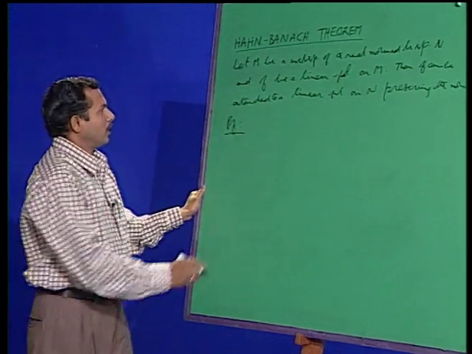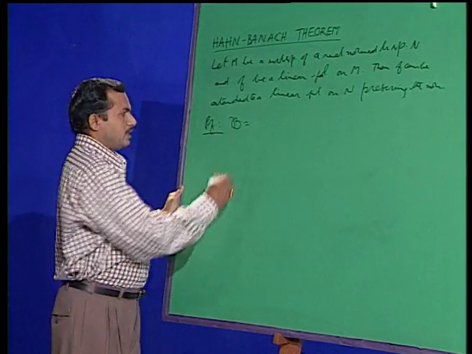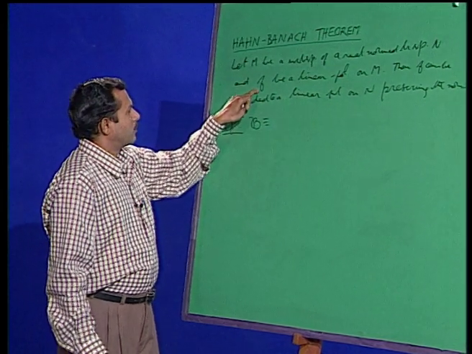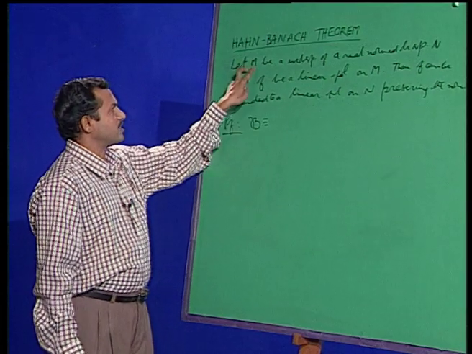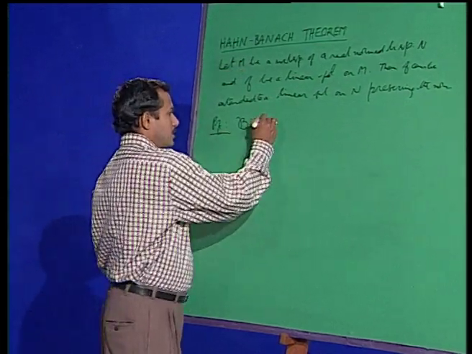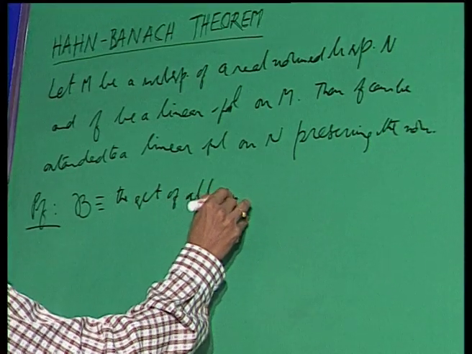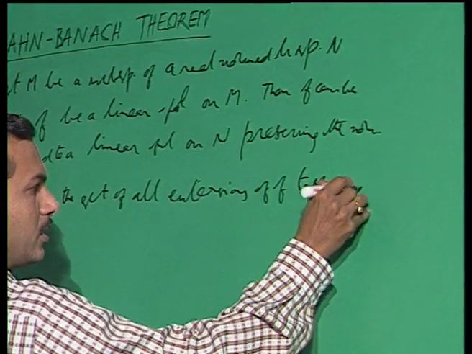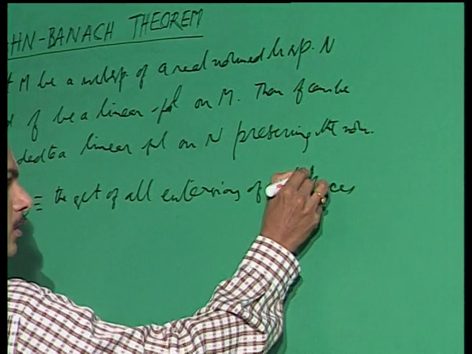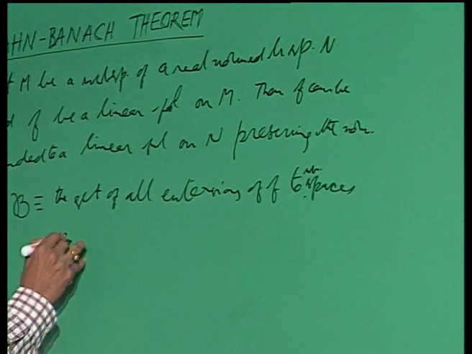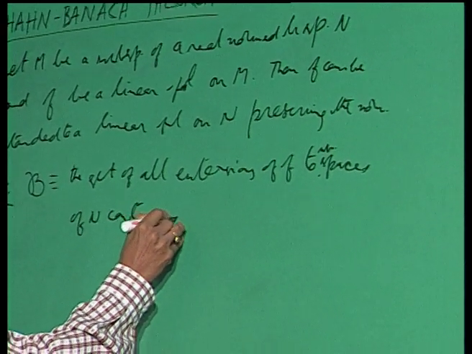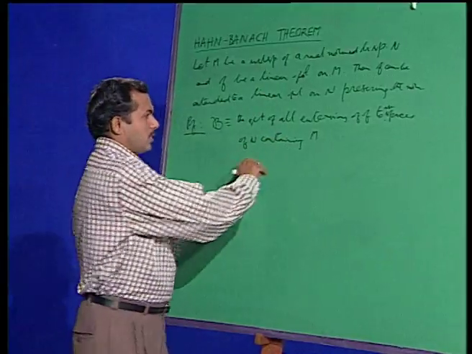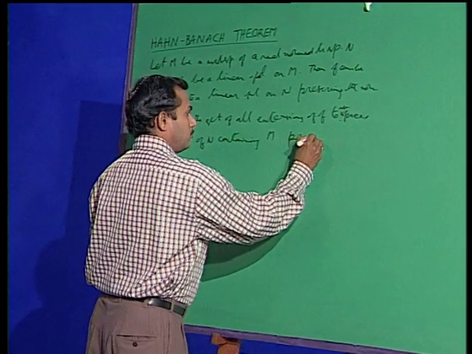Proof: we define capital B to be the set of all linear extensions of capital F to subspaces of N containing this space capital M, and these extensions are preserving the norm.